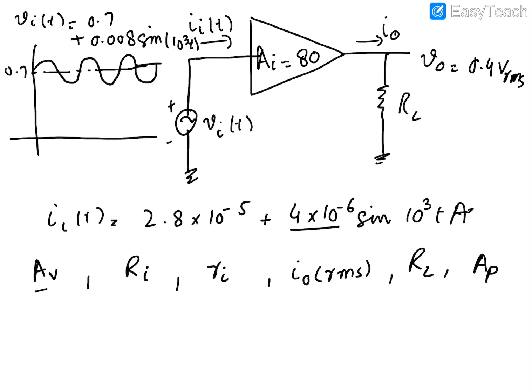So V input RMS will be equal to 0.707 into Vp, or peak value. So what is the value of Vp? It is 0.008.